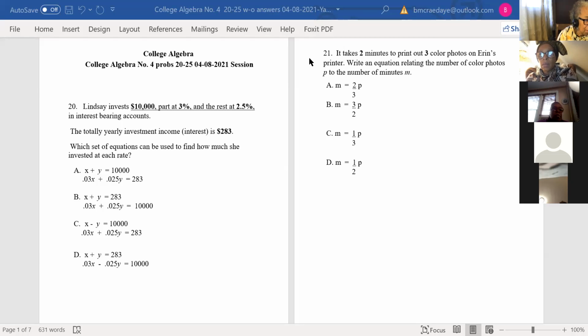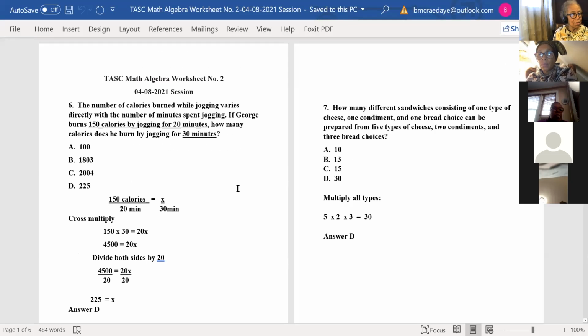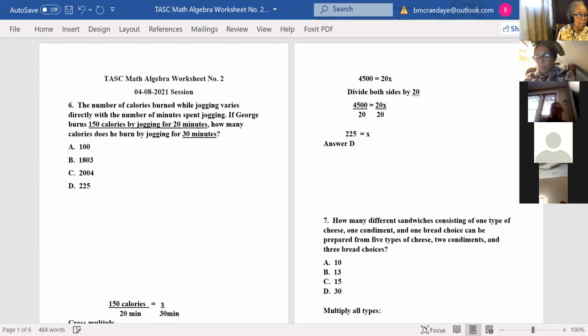I was watching it last night. I apologize. This is the one that I should be on. Okay, this is yours. TASC Math Algebra Worksheet number 2.